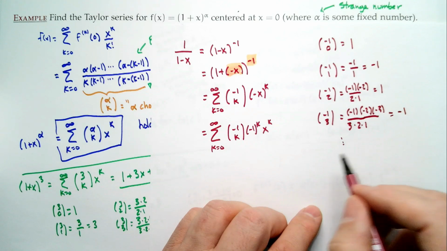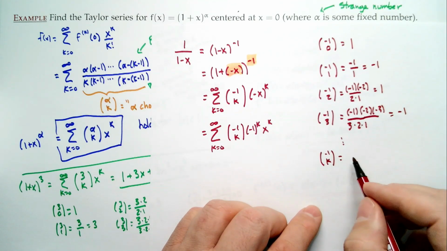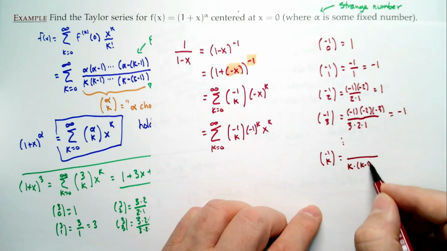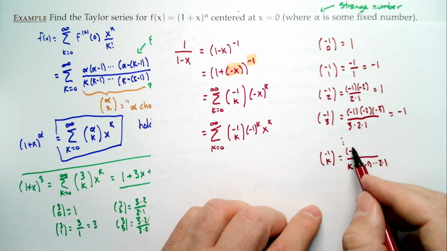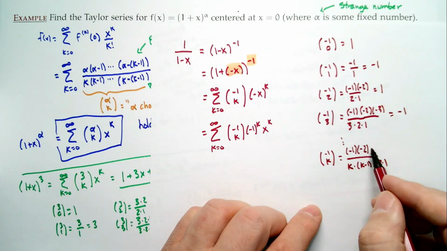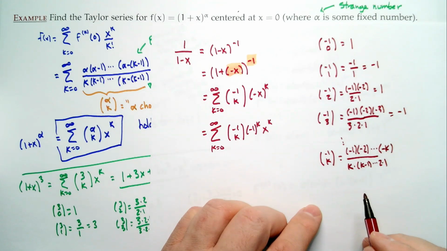And in general, what's going to happen is that for minus 1 choose k, downstairs you're going to get k, and you're going to end up with a total of k terms upstairs: minus 1, minus 2, and you're going to keep going till you get up to k terms, so you get to minus k. You see, the numbers are all going to cancel out. What doesn't is the sign.